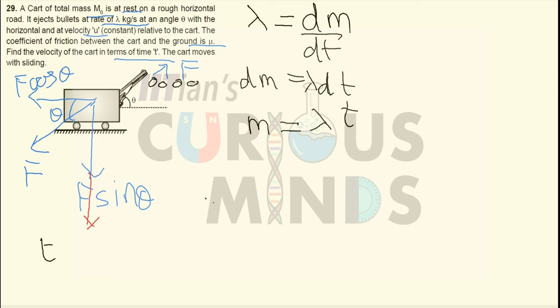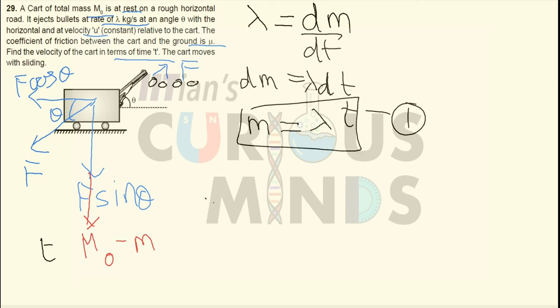So the remaining mass of the cart will be m naught minus lambda t, or otherwise m naught minus m. I will substitute the values later. Let this be the first equation; I will use this later.